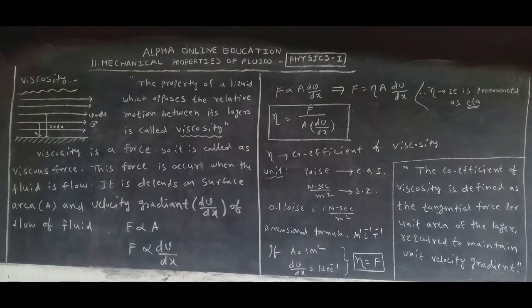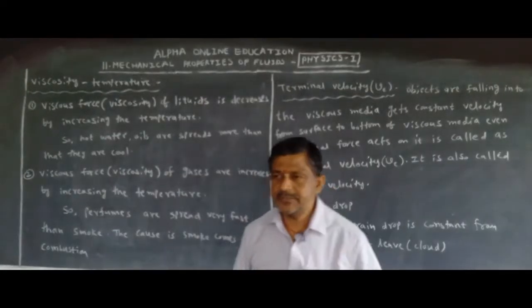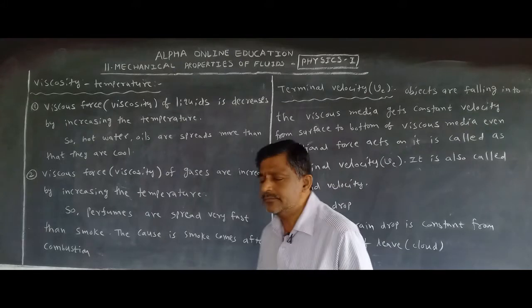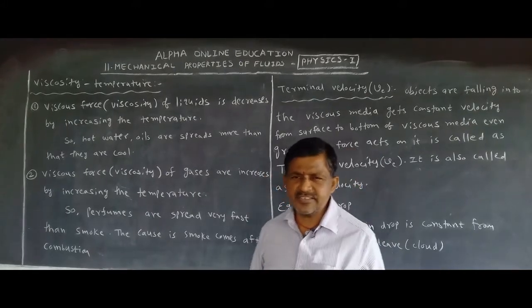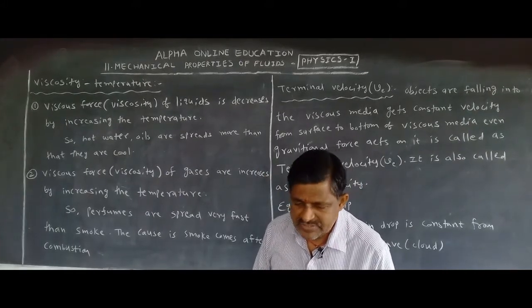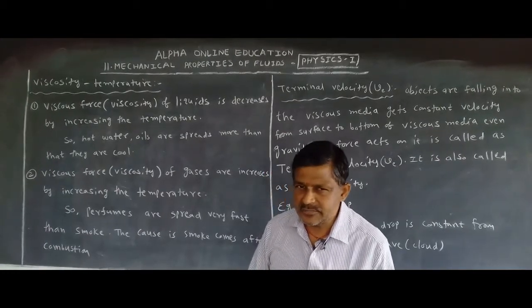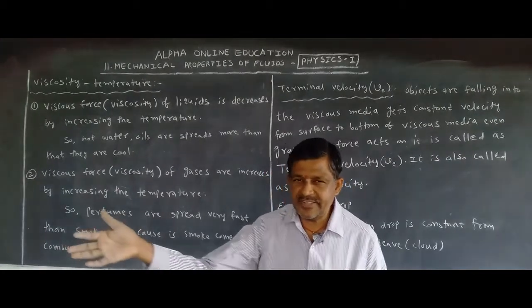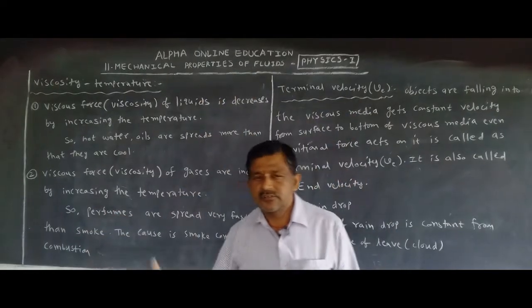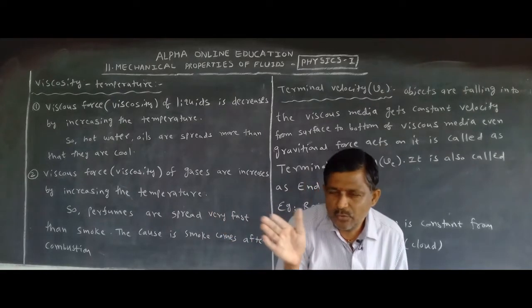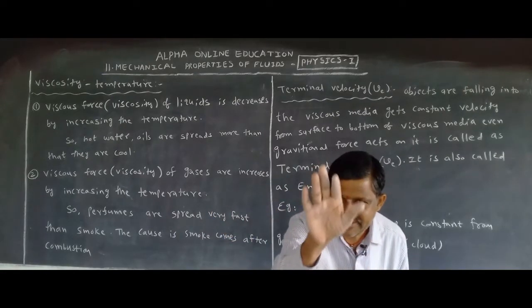Viscosity and temperature. Now, when the temperature increases, what about viscous force? Viscous force is the term used when the fluid flows. When viscous force is more, the flow velocity of the fluid is less.